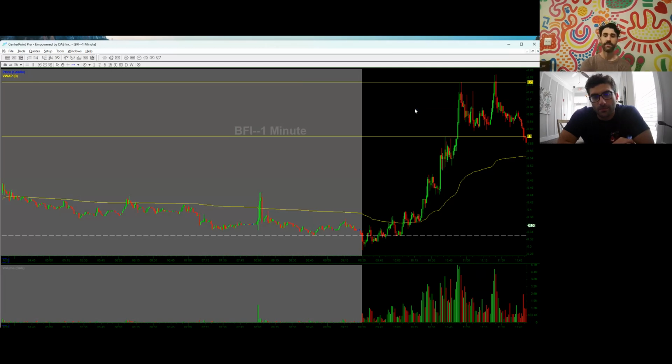Fair, extremely fair. So you got short here and added down. I actually got short here, and then I added here and here and here, and actually lower too.